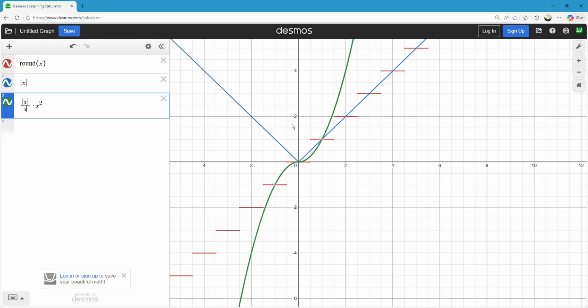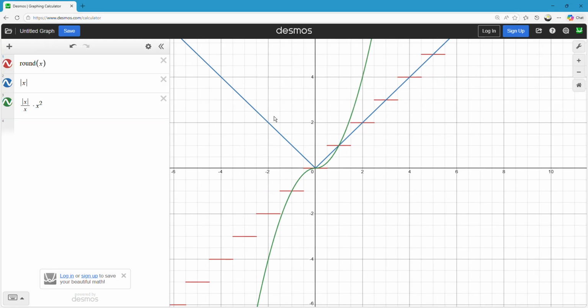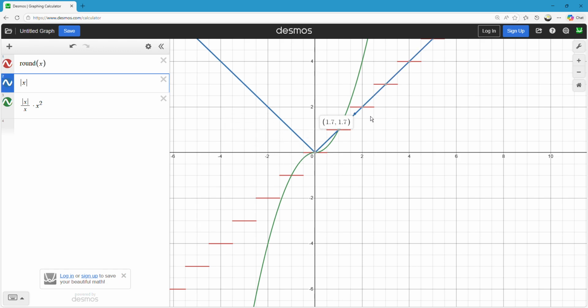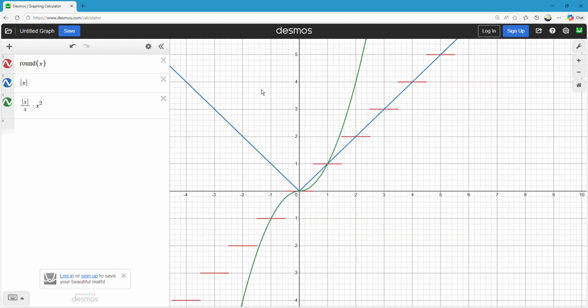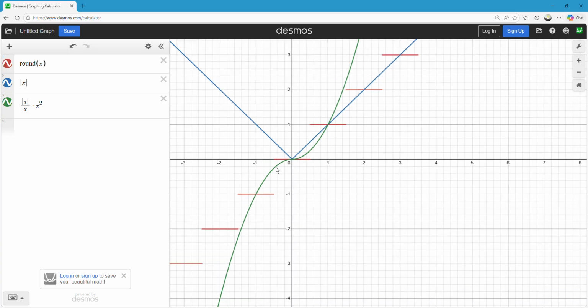Divided by x. Which would be the antiderivative of the absolute value of x, because it takes the sharp edge and kind of smooths it out, basically it gets closer to being the same slope.